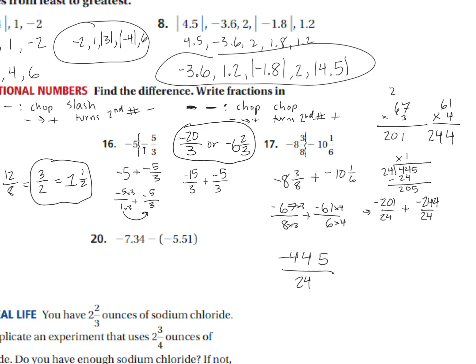So that would work out. So this would be 8, and that's 192. Subtract that out, and we get 13 left over. So I can say that this is negative 18 and 13 24ths.